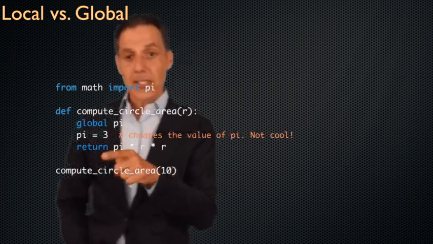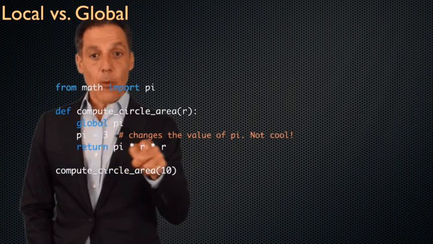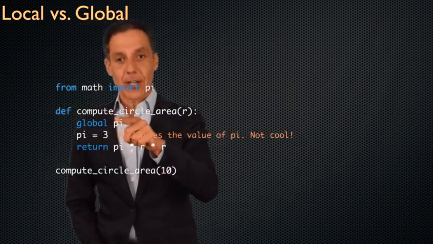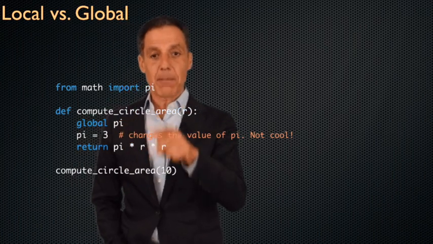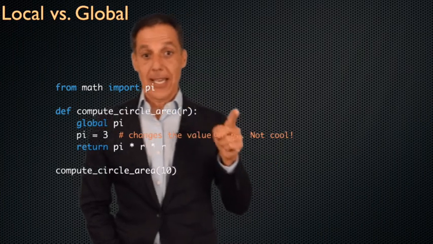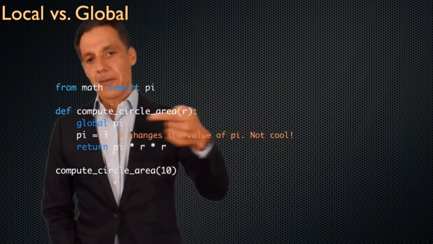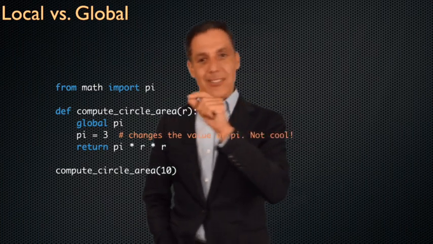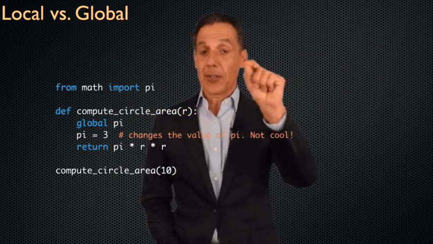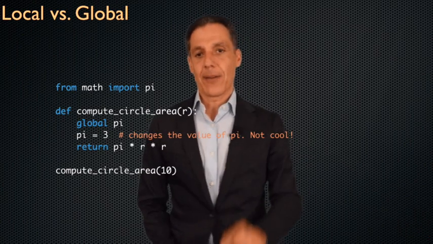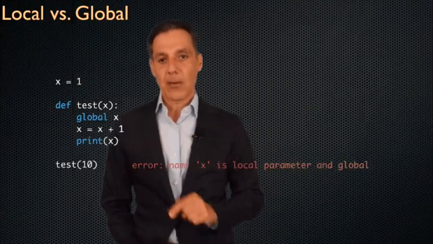And not only is pi now 3 for this expression, whenever I call any other access of that pi, which is coming from math, I will have changed its value. That's insane and not at all cool. You have to be very, very careful with these global variables, because if you make a change to it in some little function in your code and it wasn't intended, there's downstream going to be a ripple effect that you have to worry a great deal about.